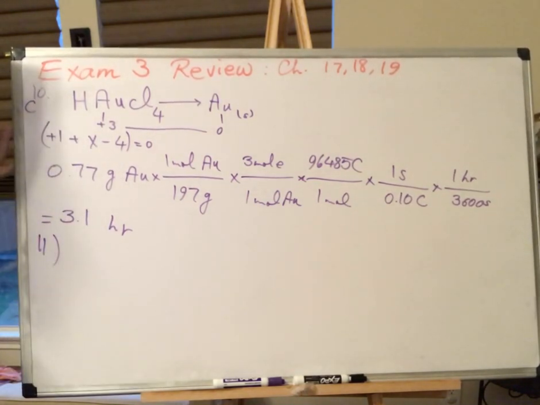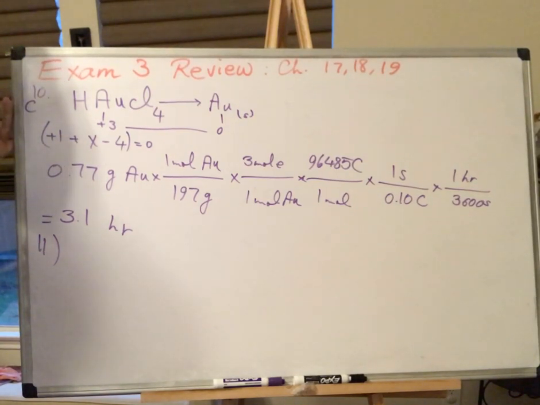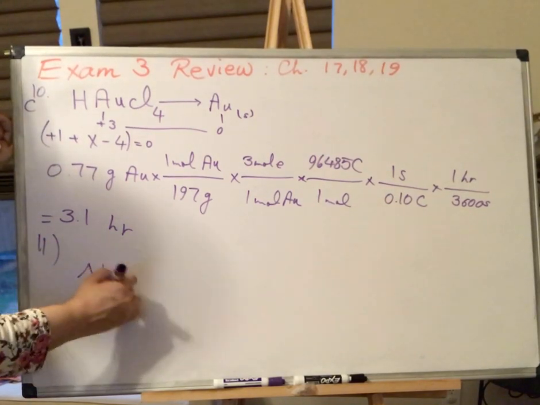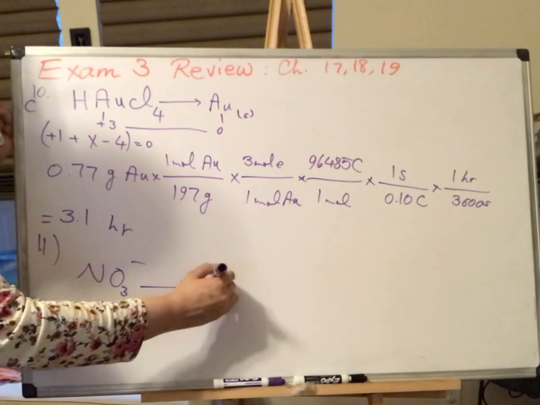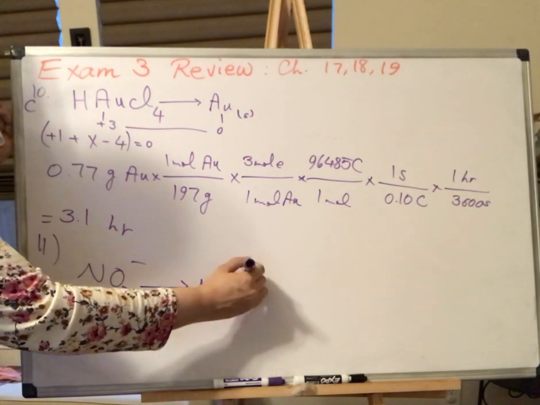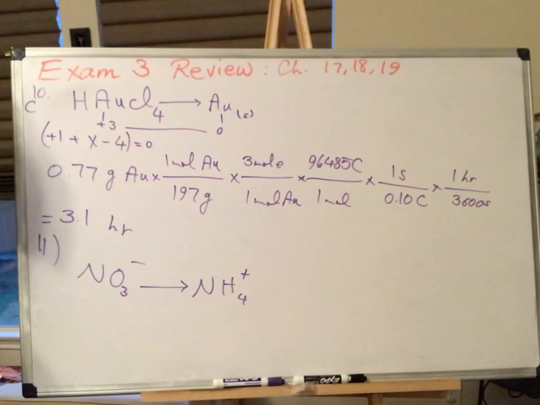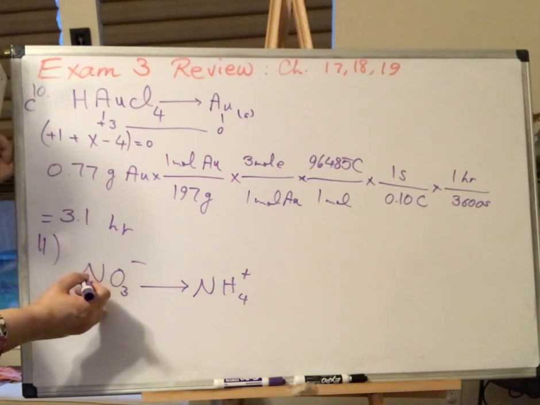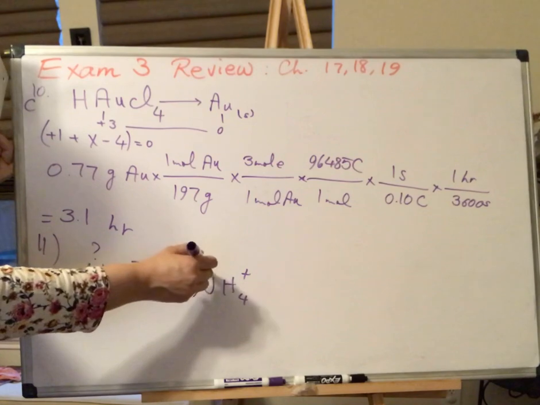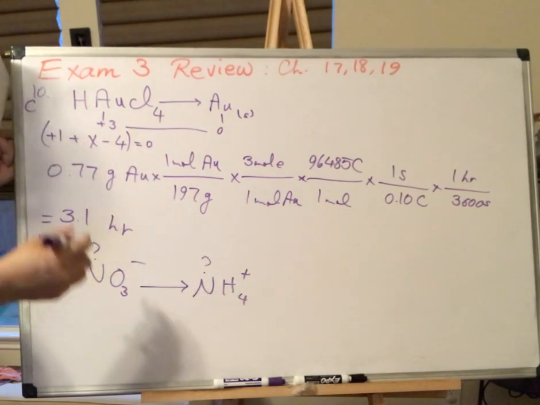Question number 11. How many Faradays are required to convert a mole of NO3 negative to NH4 positive? So how many Faradays basically means how many moles of electrons. I'll just show you the shortcut. If you calculate the moles of electrons, the oxidation number for nitrogen in each of them, you will find the answer.